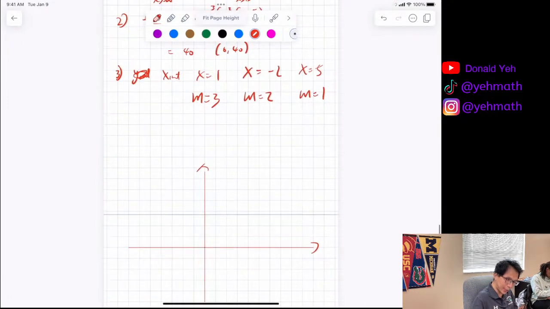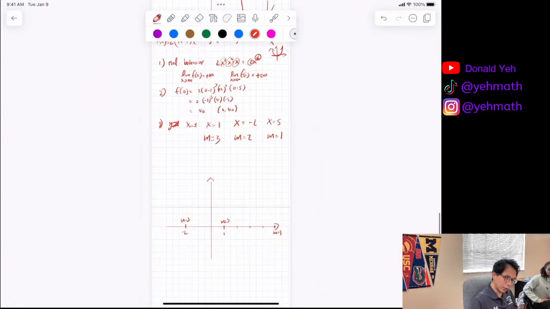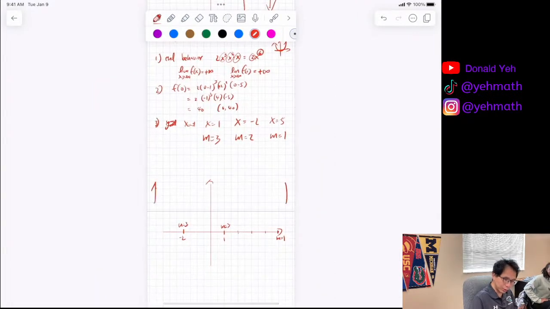At 1 the multiplicity m is equal to 3, at negative 2 the multiplicity is 2, and at 5 the multiplicity is 1. So they are both going up. Draw the end behavior.